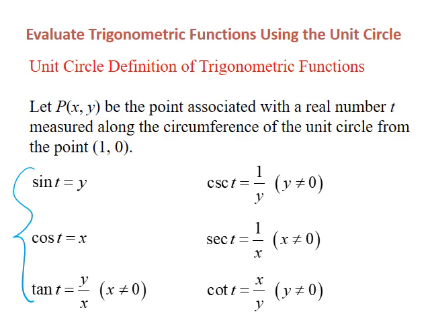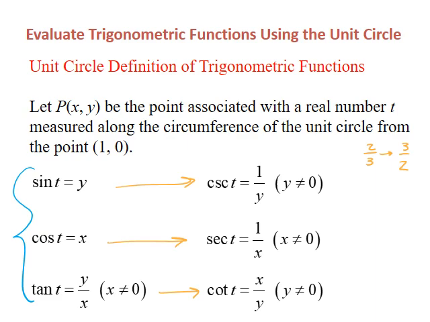And what you'll find is that sine and cosecant are reciprocals. Remember, a reciprocal, if I have the fraction 2/3, the reciprocal is 3/2. So sine and cosecant are reciprocals. Likewise, cosine and secant are reciprocals. And then tangent and cotangent are reciprocals.